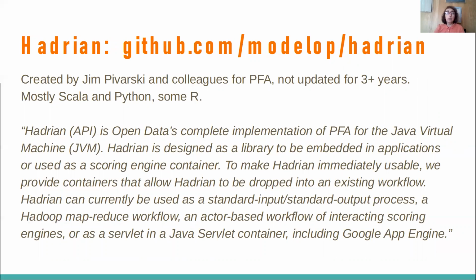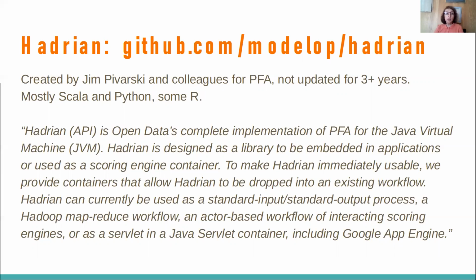Hadrian, as I mentioned, was a project for PFA, the version 1 reference implementation for PFA. And here is a part of the description. So basically, you can use Hadrian both as a command line utility, or you can integrate it into an application, or into a website, or in a Java servlet, or in Hadoop, etc. So it's pretty flexible.